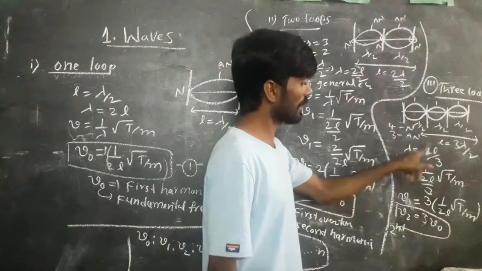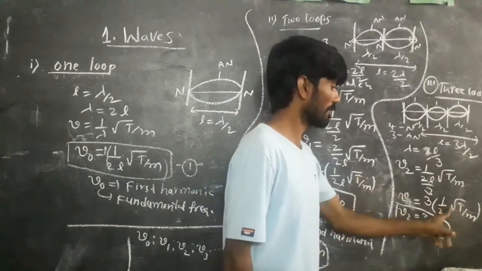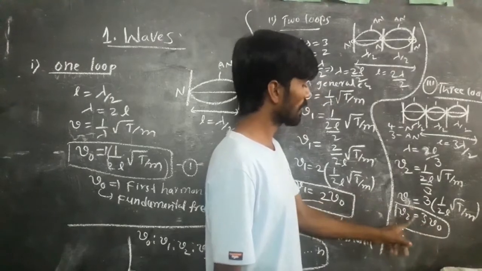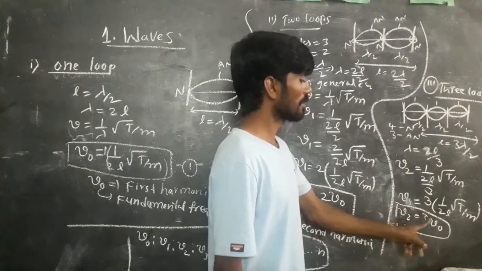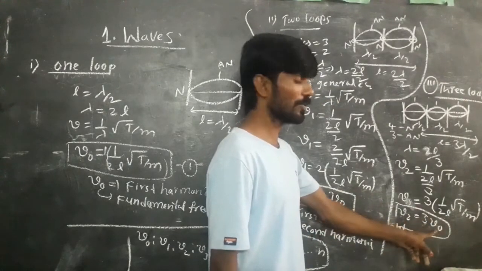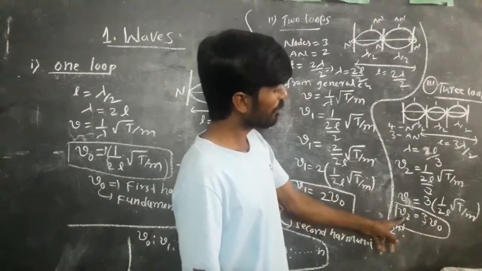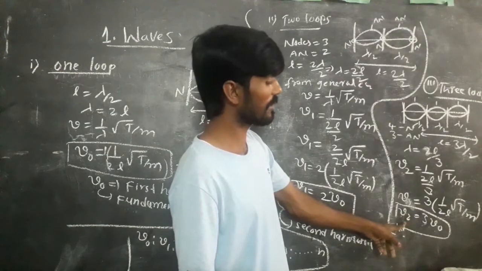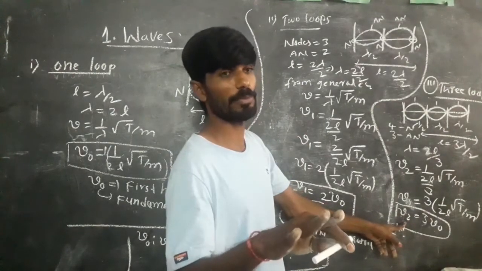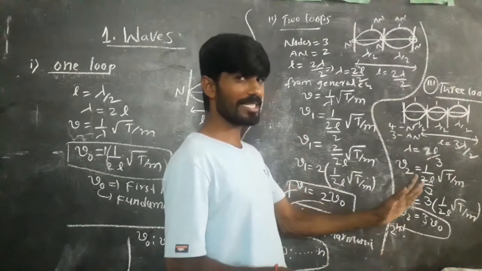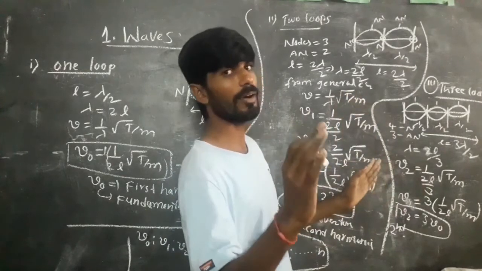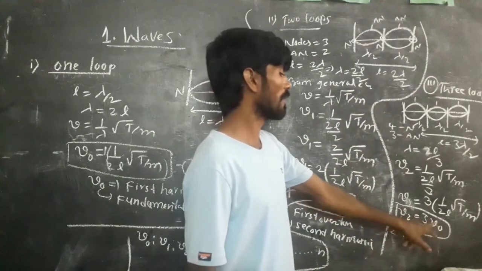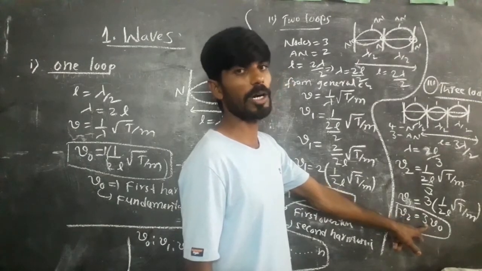Mu is equal to 3 of 1 by 2L into under root T by M, and 1 by 2L into under root T by M is equal to mu0. So mu2 is equal to 3 into mu0. Mu2 is called the second overtone, or the third harmonic. Just simple: left side overtone, right side harmonics.